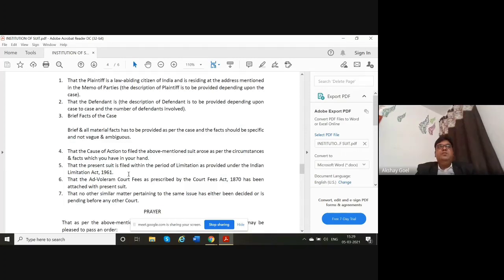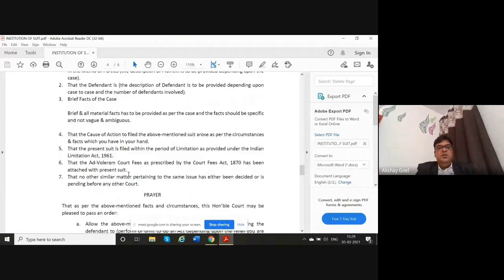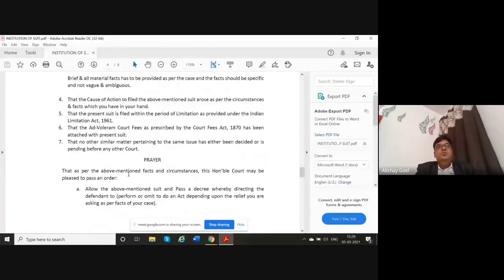So this matter may be stayed till the final decision in that particular matter is made. This particular provision is very much necessary. After that, the most important clause comes into question.